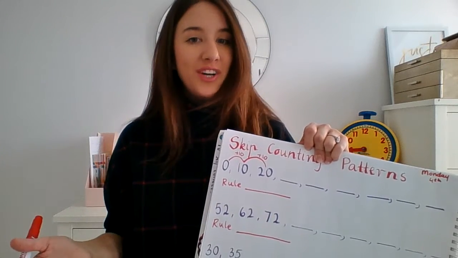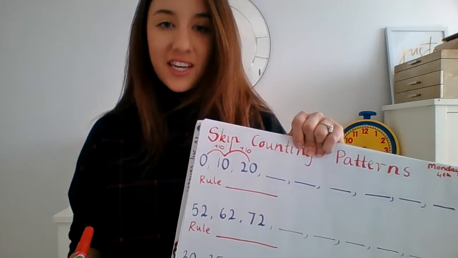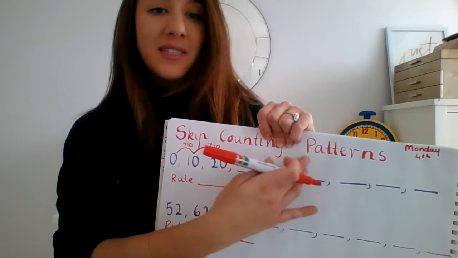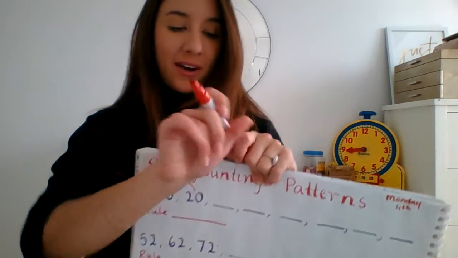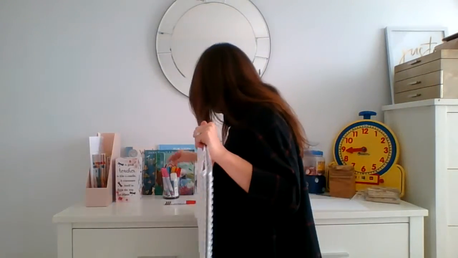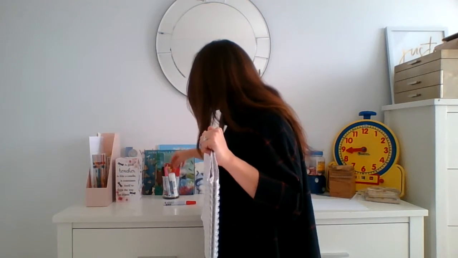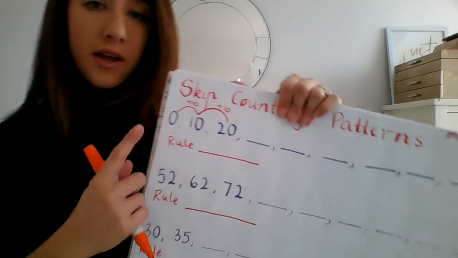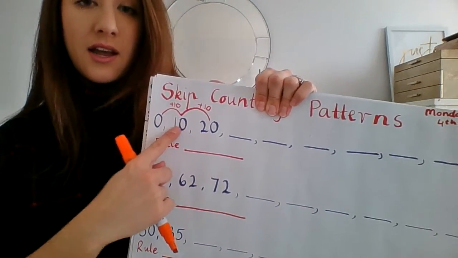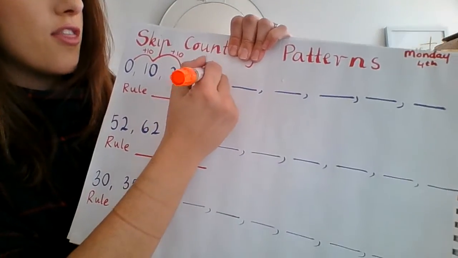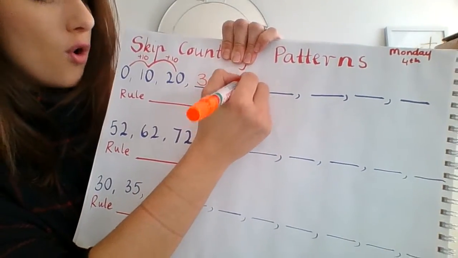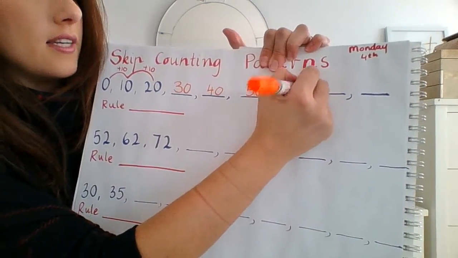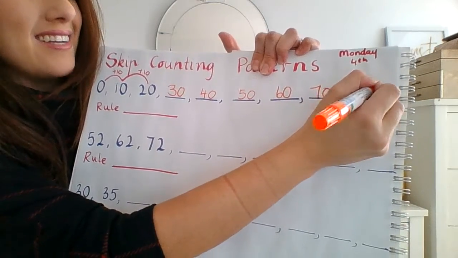Now you might already know that pattern, and that's fantastic. If you do, I want you to count along with me, and we're going to write our numbers down to finish this skip counting pattern. I'm just going to grab another colour. So count with me, everyone. 0, 10, 20, 30, 40, 50, 60, 70, 80.